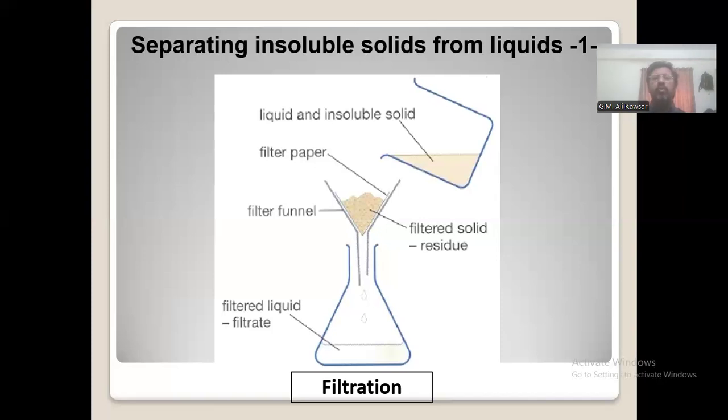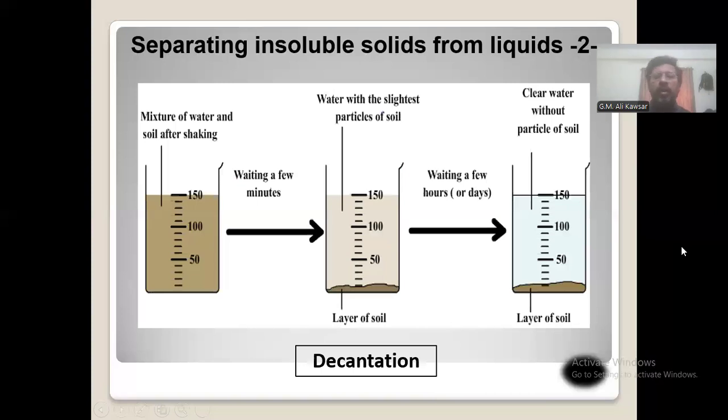So using the same setup, you can separate insoluble particles from a solution. Students, I hope you understood. Let me change the slide. And like in the previous process, we have seen that the particles are very fine particles.